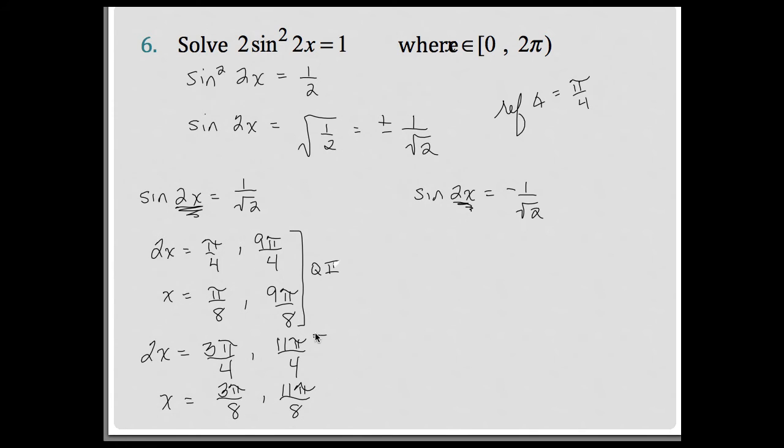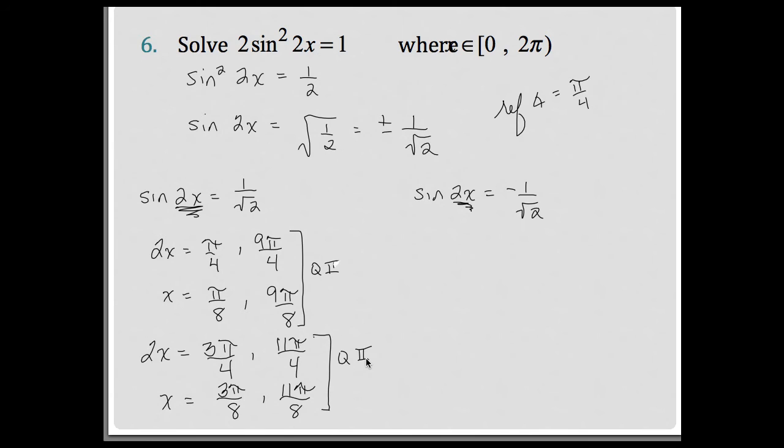So now you got 2 more. This is from when your answers were in the second quadrant. So far you have 4 answers: pi over 8, 9 pi over 8, 3 pi over 8, and 11 pi over 8. Now we have to go through the whole same thing again, but now with sine being negative.